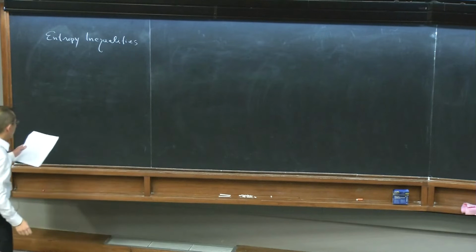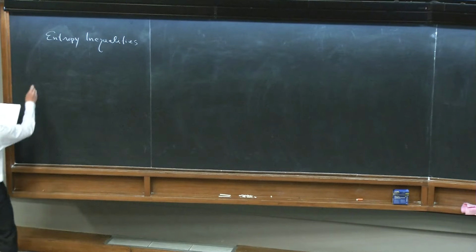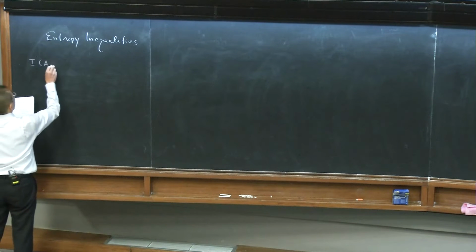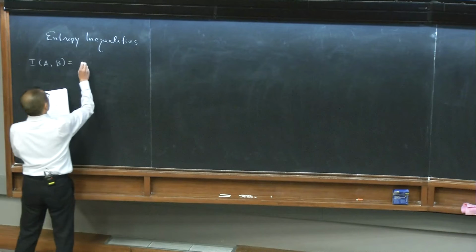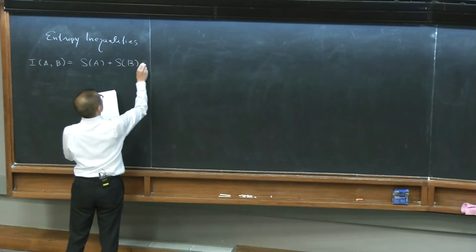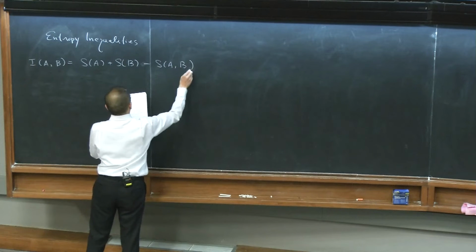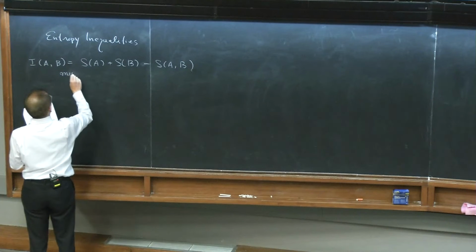So I think that Nima was talking about strong subadditivity. And if you remember my first lecture, strong subadditivity is related to the property of mutual information. So this is a mutual information.